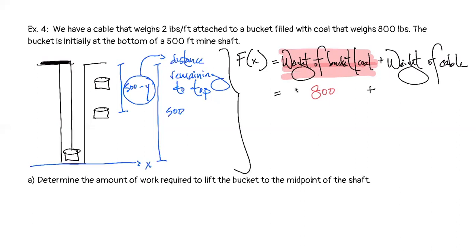All right. What was your question? So at first I had said the bucket because I was thinking you added that to the 800 pounds, but then when you read clearly, it's included in the 800 pounds. The 800 pounds is the bucket and the coal, but it is not the cable. Yes. Was that your question?